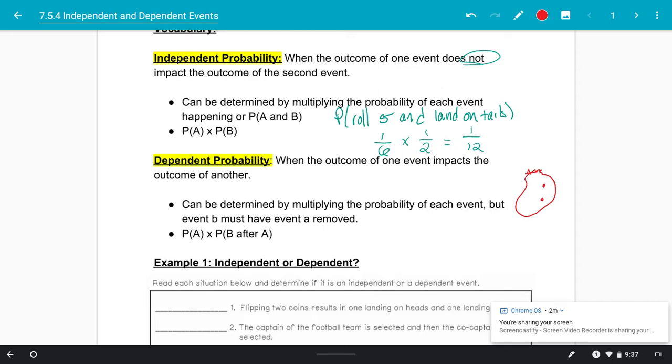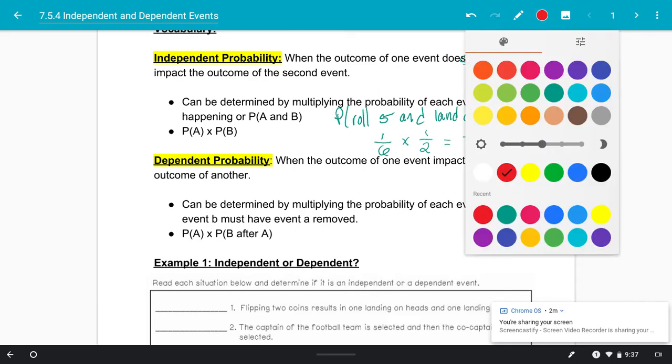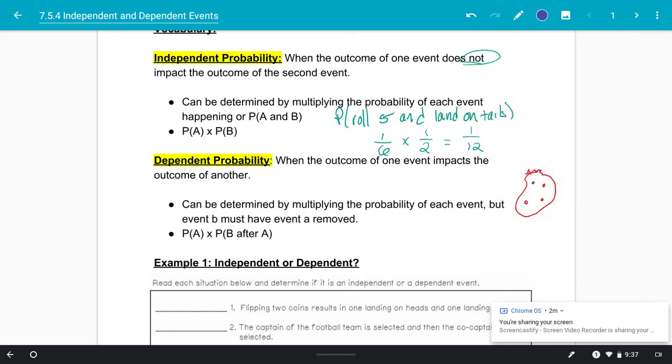I have 3 red marbles and 2 blue marbles. So my probability of picking a red and another red: if I reach into the bag, pull out a red, and then reach into the bag and pull out another red, my probability of picking the red the first time is 3 out of 5.